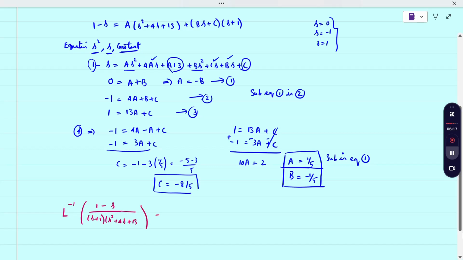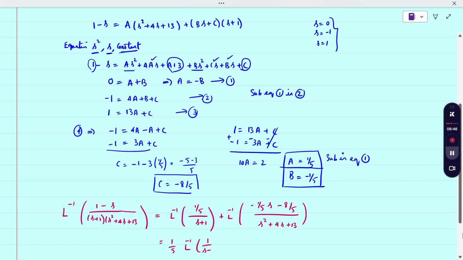Now it changes to L inverse of 1 by 5 into 1 over (s plus 1), split the terms, minus L inverse of (1 by 5 into s minus 8 by 5) divided by s squared plus 4s plus 13. 1 by 5 can be taken outside, so 1 by 5 L inverse of 1 divided by s plus 1.